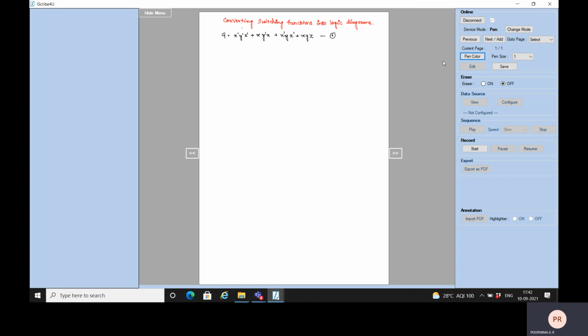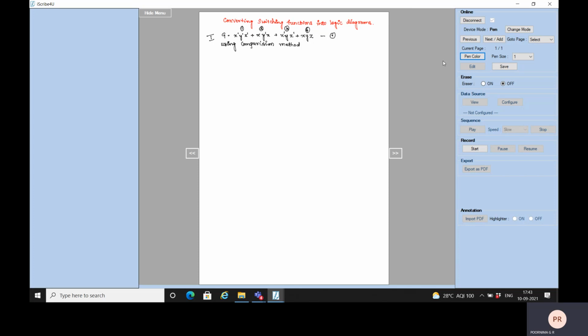We have to identify the various terms in the switching equation. You can see that there are 4 terms. Using the comparison method, we have to identify the redundant terms, apply the Boolean laws, and remove them. So the first step is to apply the comparison method.